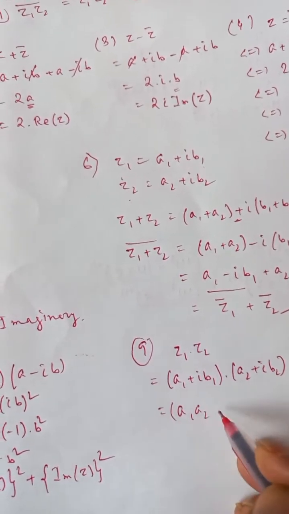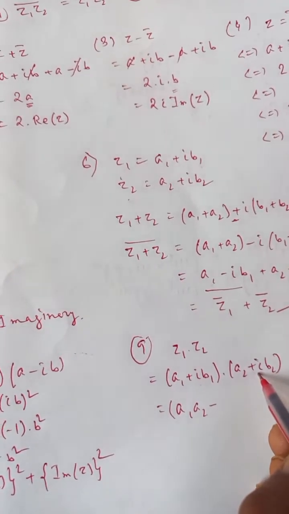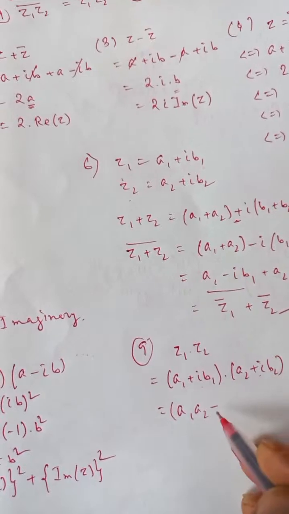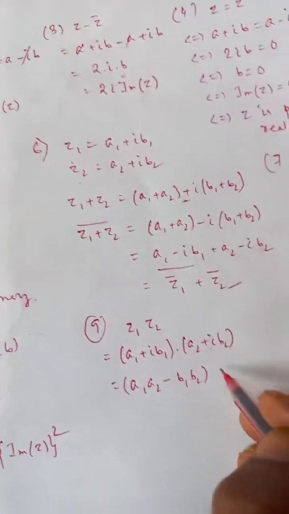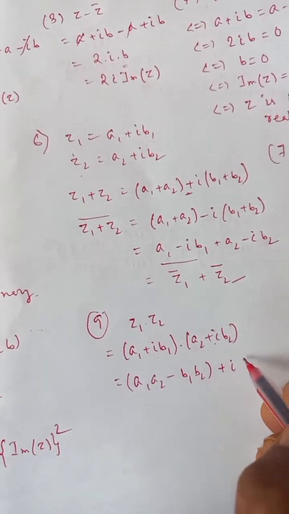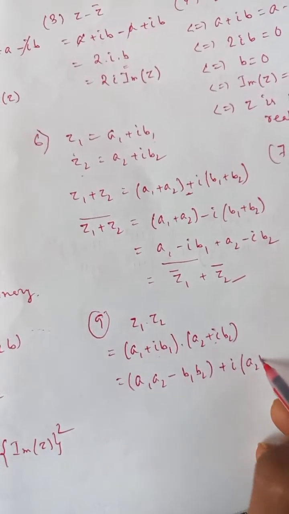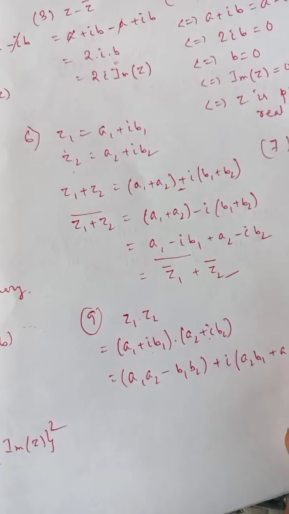If we multiply, this will be a1 a2 plus iota square b1 b2, where iota square is equal to minus 1. So a1 a2 minus b1 b2, and then taking iota common, a2 b1 plus a1 b2.